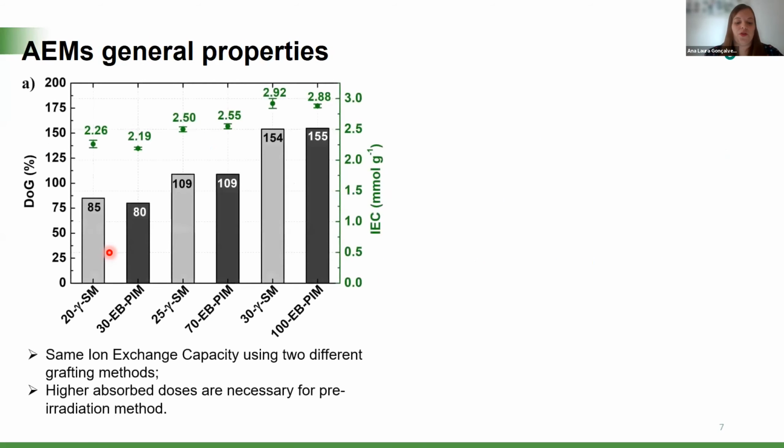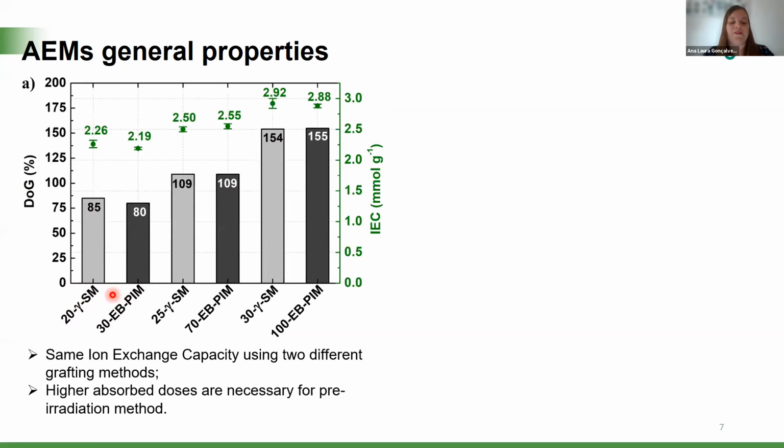In this work, we synthesized 6 LDPE-based membranes, 3 using the simultaneous method and 3 using the pre-irradiation method. Here you can see SM is the simultaneous method, for which we use gamma rays, and PIM is the pre-irradiation method, for which we use the electron beam.